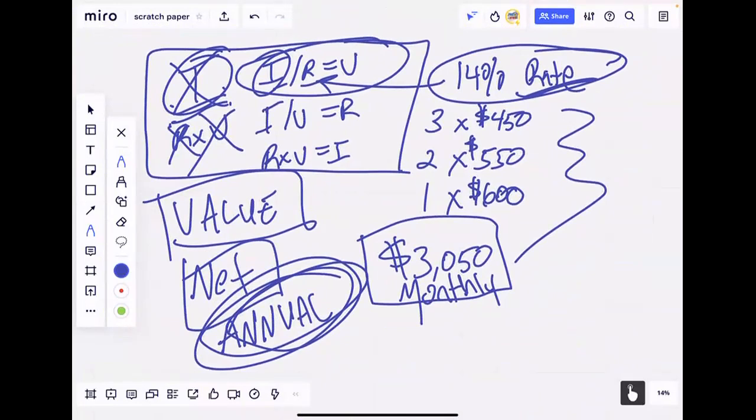They use the word income, the word rate, and the word value. So it's much easier for you to plug and play with that. Do you see what I'm saying? So that's basically the situation there. Does that make sense? That makes sense.